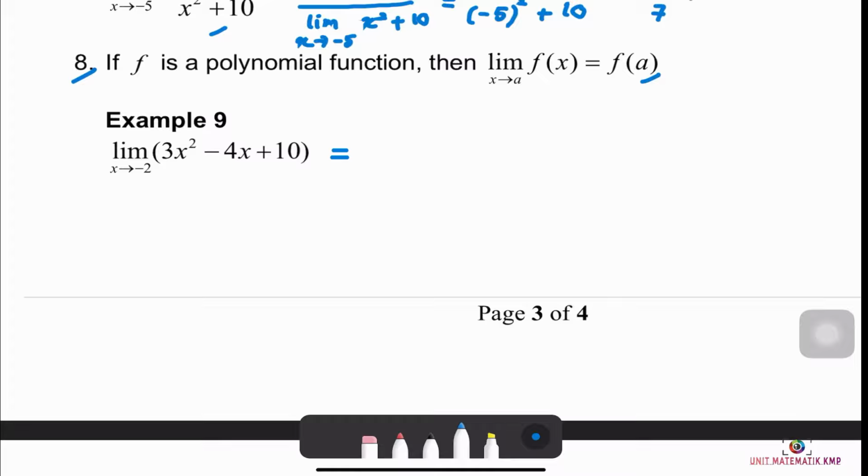This equals 3 times minus 2 squared, minus 4 times minus 2, plus 10. The final answer should be 30. Correct: 3 times 4 is 12, 12 plus 8 is 20, plus 10 is 30. Alright, that is example 9.